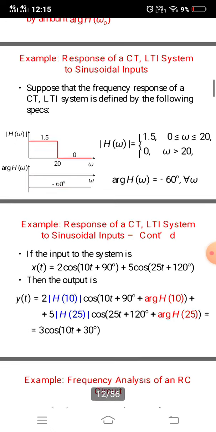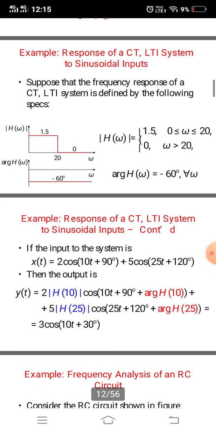For a sinusoidal input, x of t is 2 cos of 10t plus 90 degrees plus 5 cos of 25t plus 120 degrees. This input is fed into the system H of omega, and then we get the related output y of t.